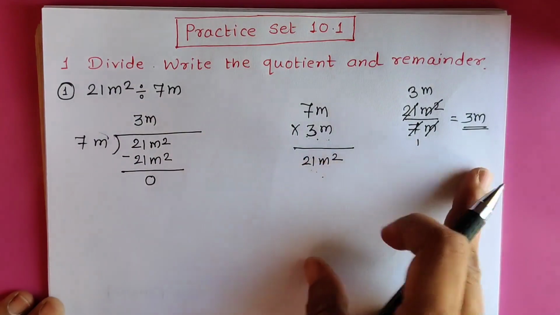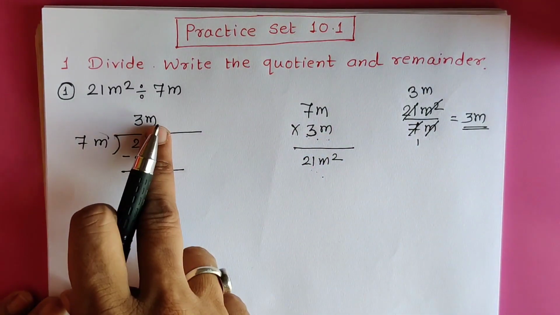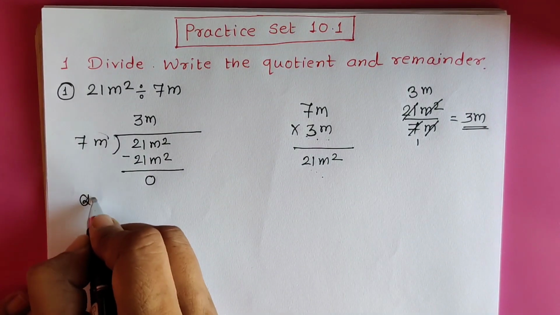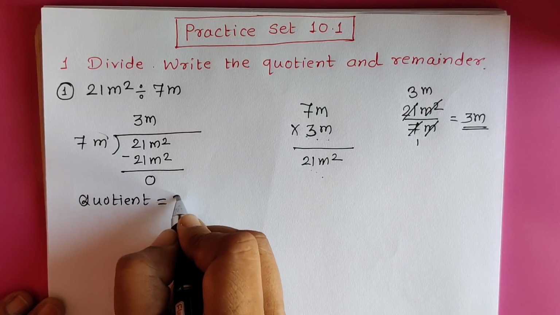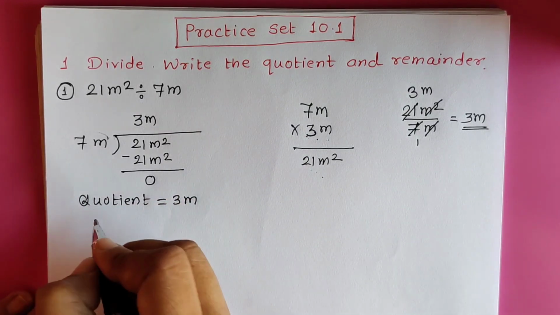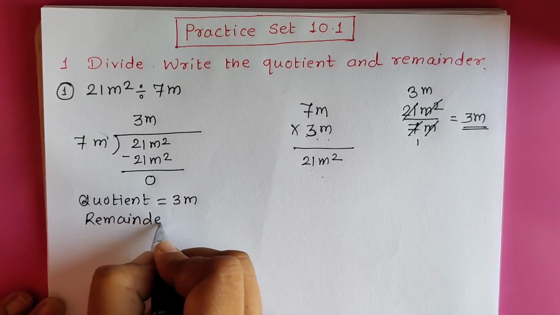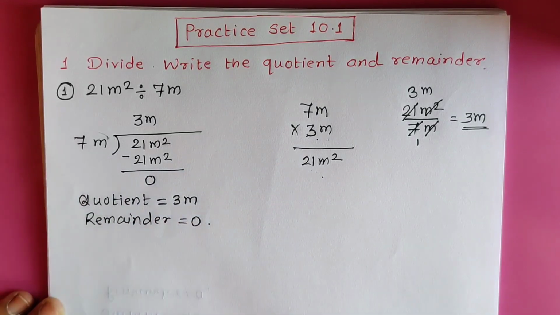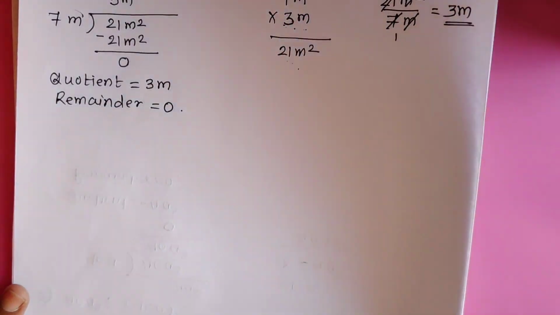So any one method you can apply to find out the quotient. So 3m we have to write as the quotient answer. Quotient we are getting 3m and our remainder is 0.